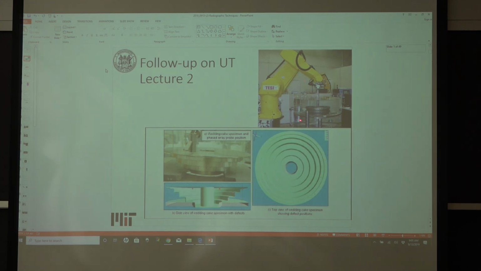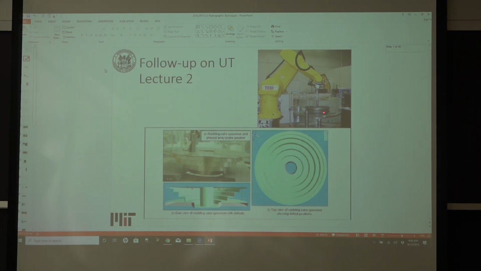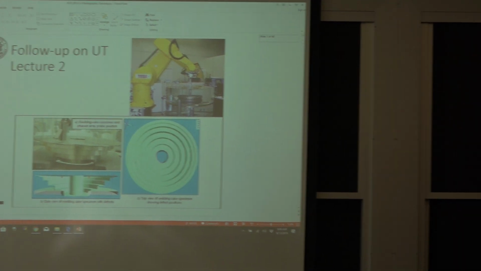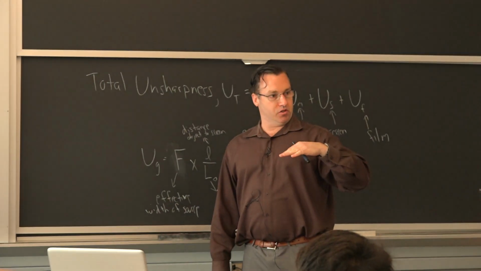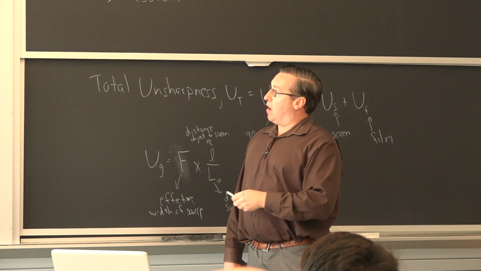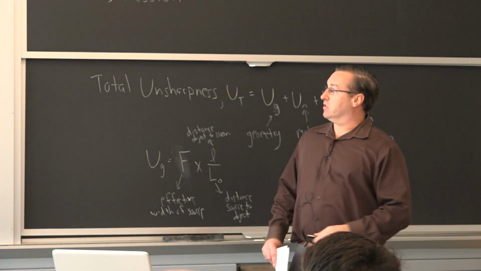What you're seeing in the image here is the water bath, and this is the component under inspection. The transducer would be sitting somewhere up here, and it comes in intimate contact with an encoder, so it knows its XYZ position, and then the scan operates without human interaction.